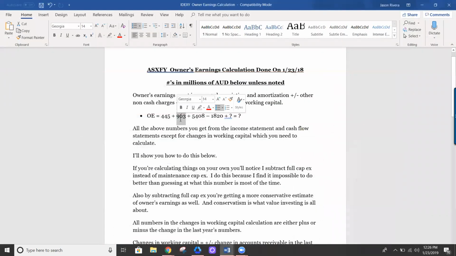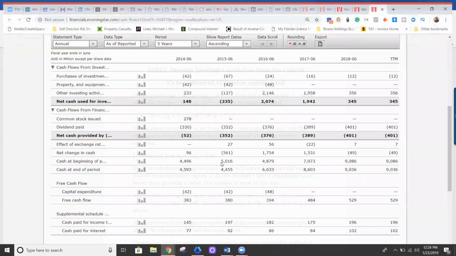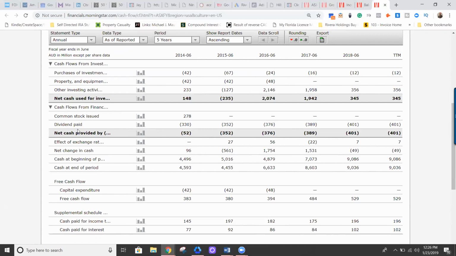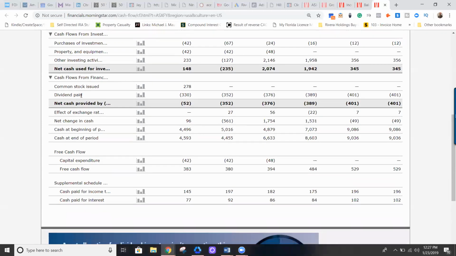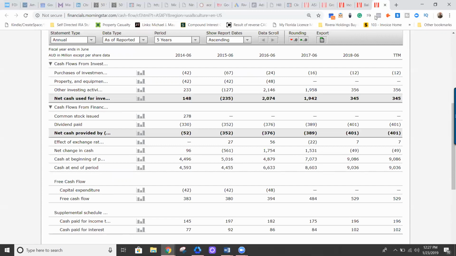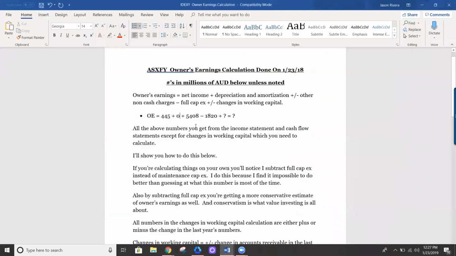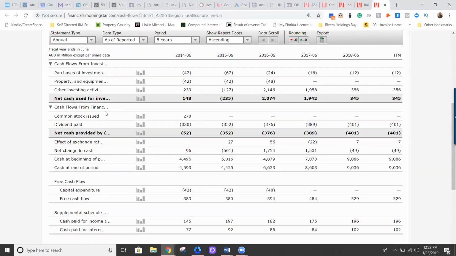So 0, plus or minus other non-cash charges, again should be on the cash flow statement. They don't have any there either. Zero. Minus full capex.